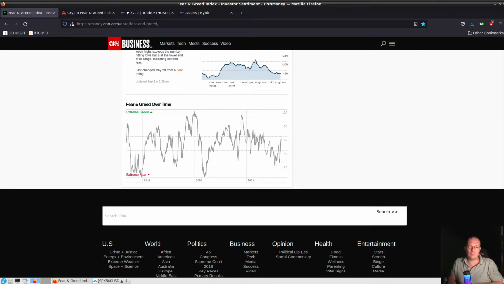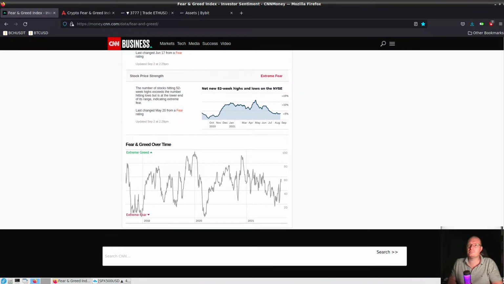I think we might see something similar coming up as well. If the fear and greed index starts to reach the 80 region, between 80 and 100, then I think we are due for another big correction.